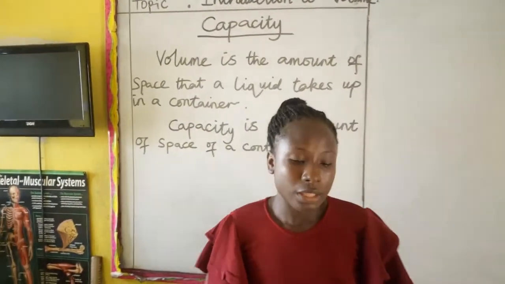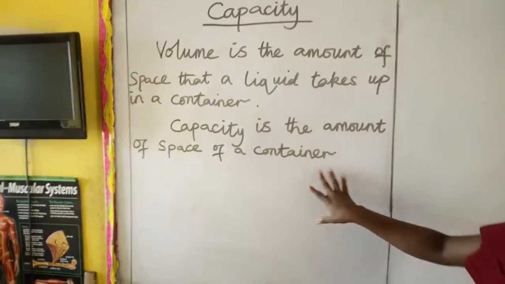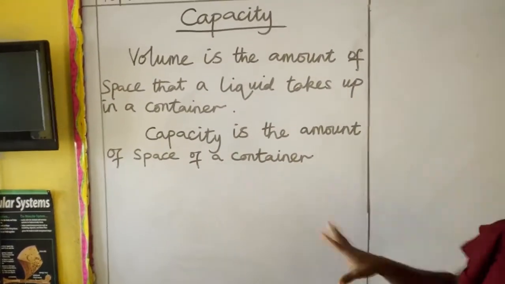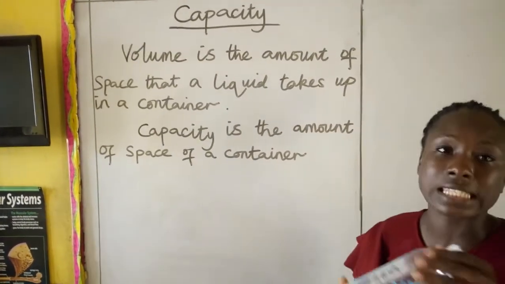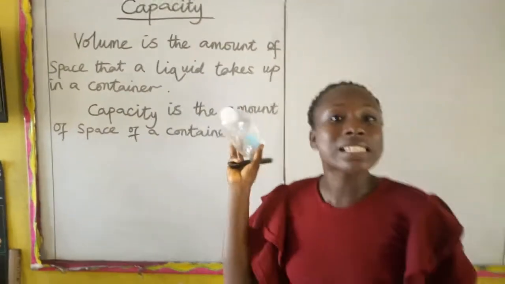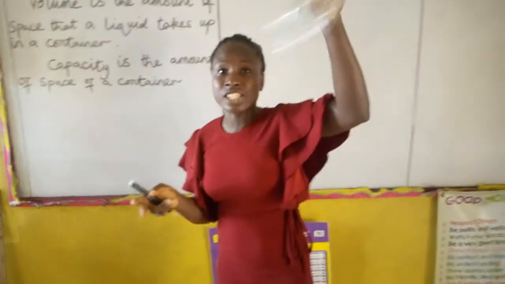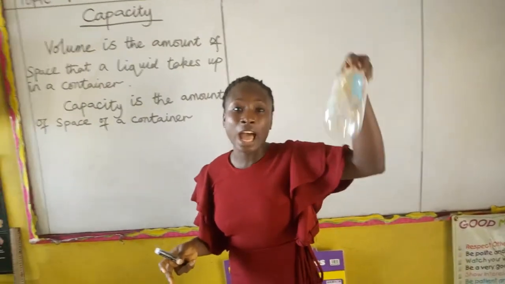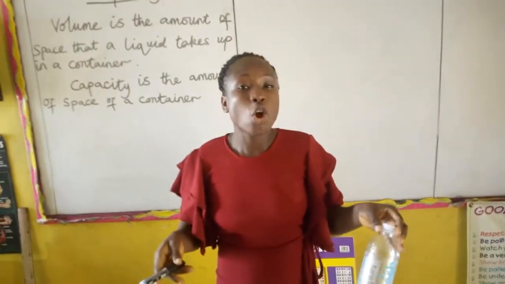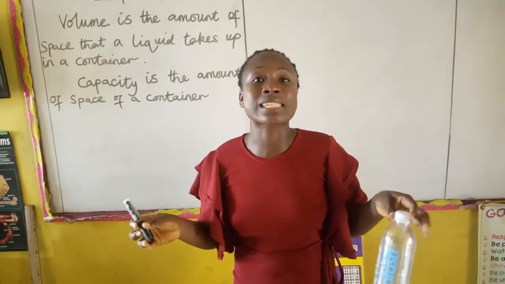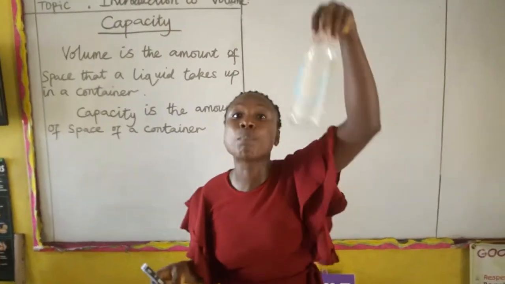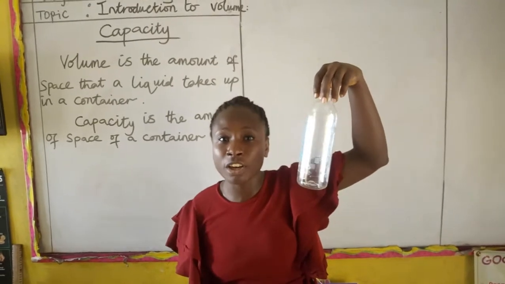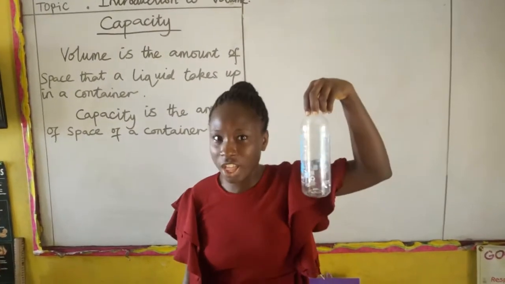So that is showing you that what this container can take is 75 cl. That is the space in the container. So if I have water that is up to 80 centiliter, that means it is more than the capacity of the container. Do you understand?